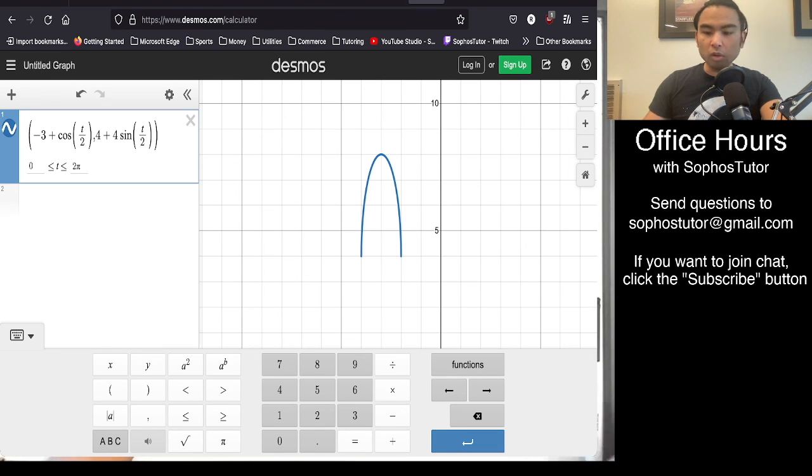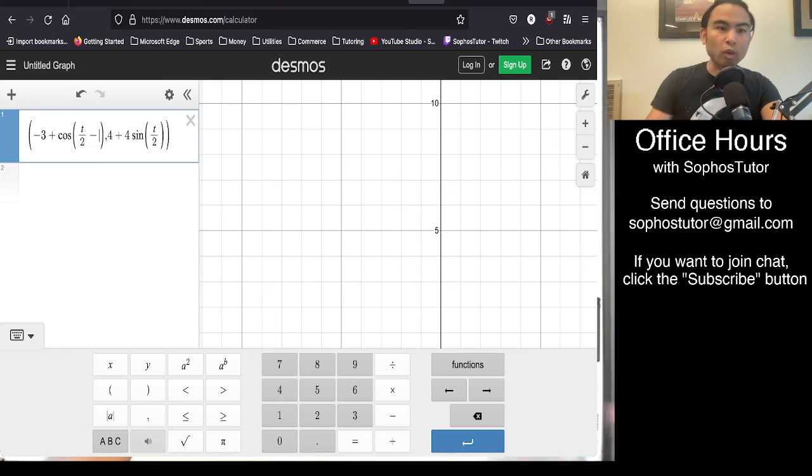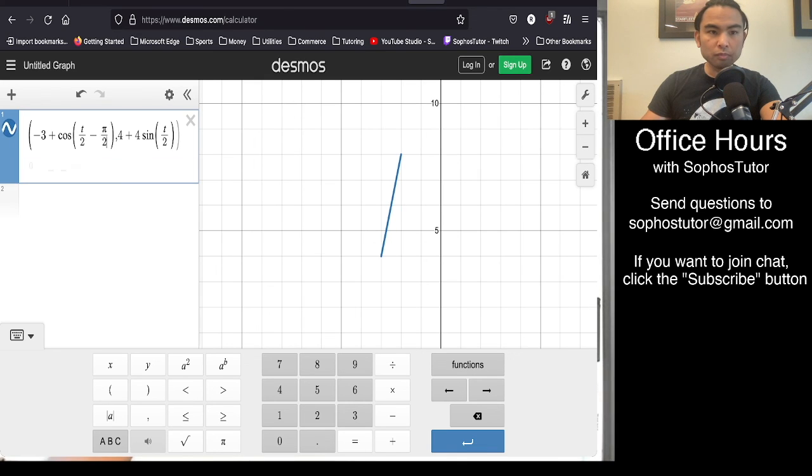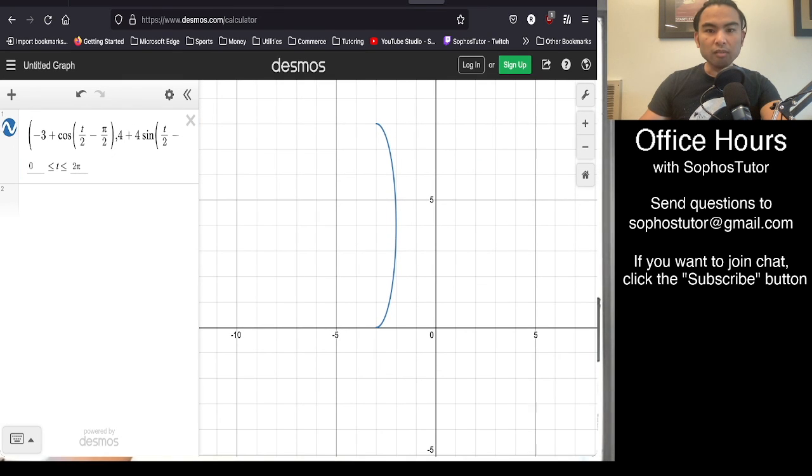Now, we also said that in order to create offsets, we can subtract and add to this value to change the starting point. We said that in order to do the right half of this ellipse, we were supposed to subtract pi over 2. So if I subtract pi over 2 from our cosine, and if we subtract pi over 2, right side, notice we have the right side of this ellipse.